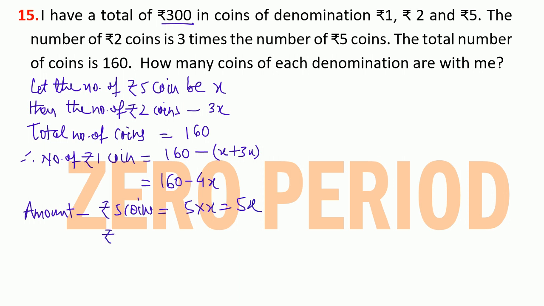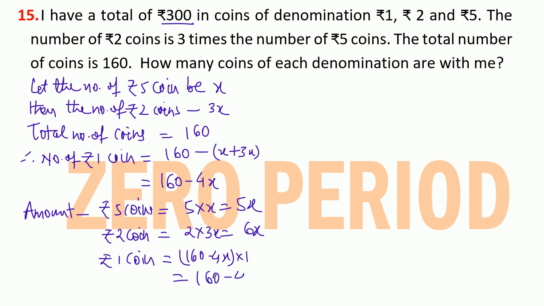Rupees 2 coin, it is 2 into 3x, so it is 6x. And rupees 1 coin is 160 minus 4x into 1, that means it will be 160 minus 4x only, and sum of these will be 300.